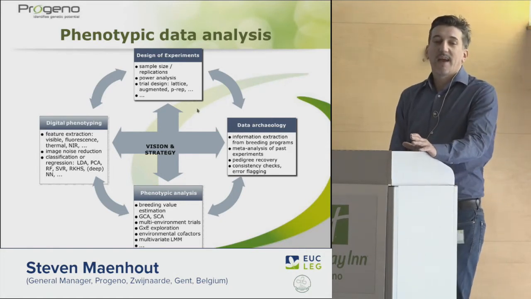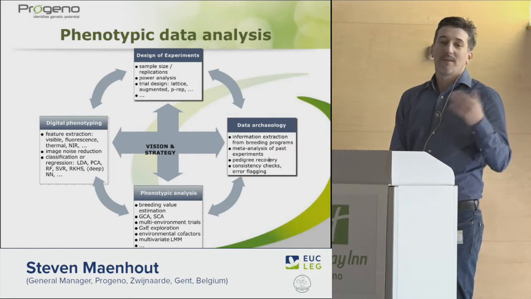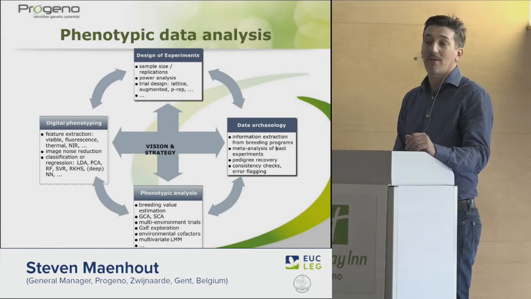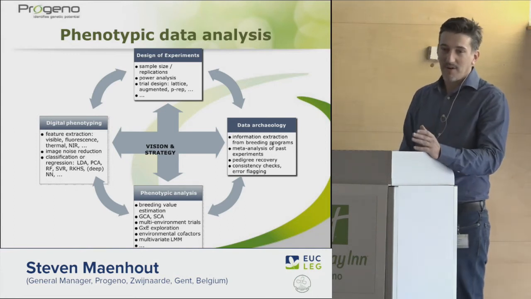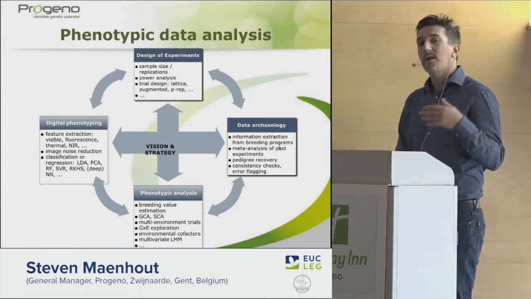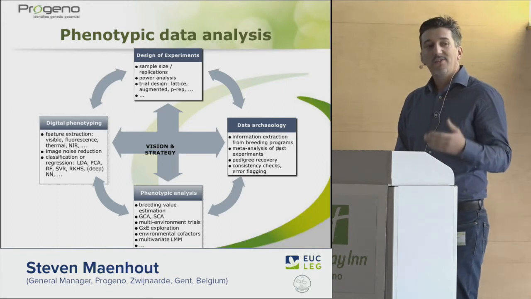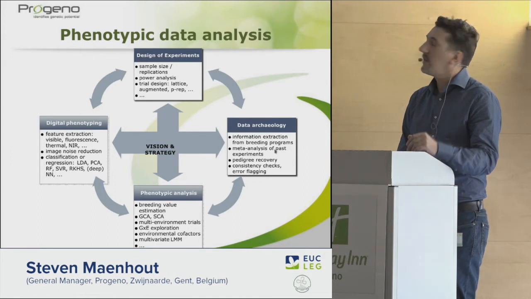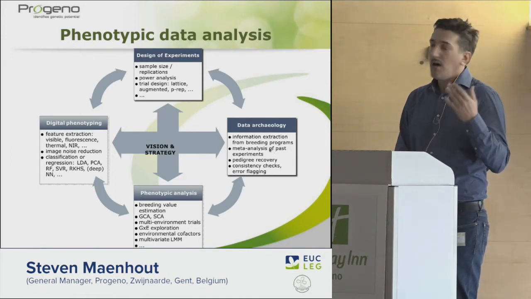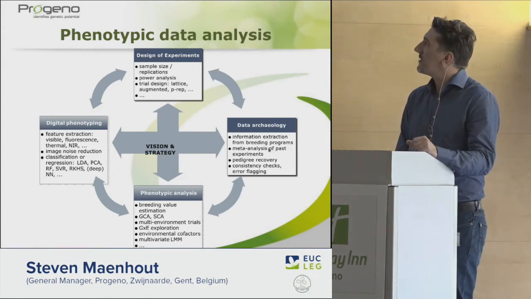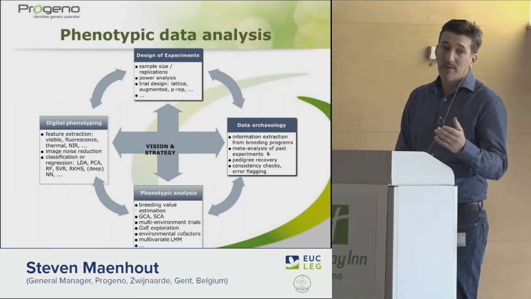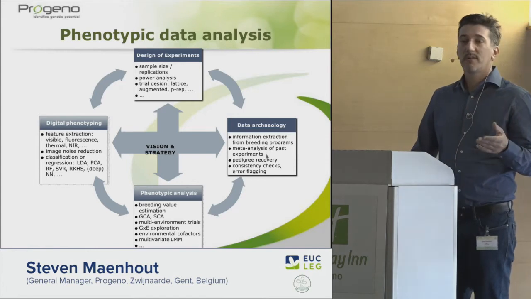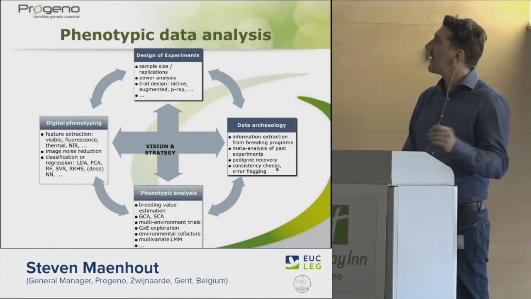Well, in the exceptional case that everything has been done correctly and according to the state of the art, then data archaeology is the easiest part. But in most cases, working on historic data is quite challenging for several reasons: usually incomplete data, suboptimal trial designs, and very often missing data, because if a trial is not that good, it is often not imported into the database system and things like that.